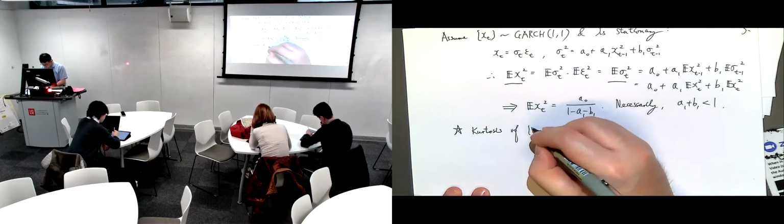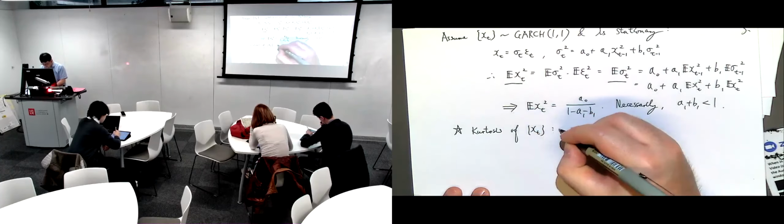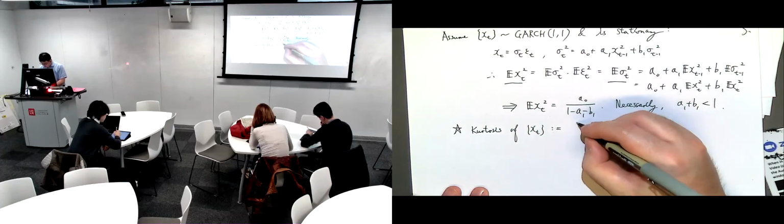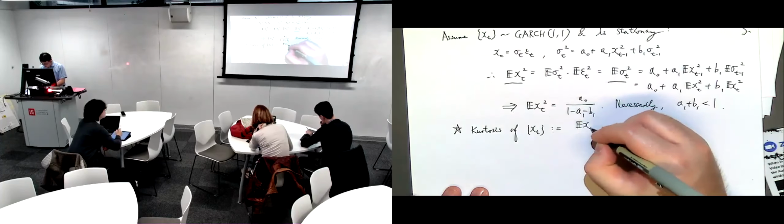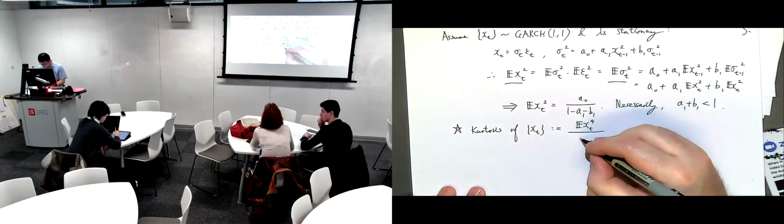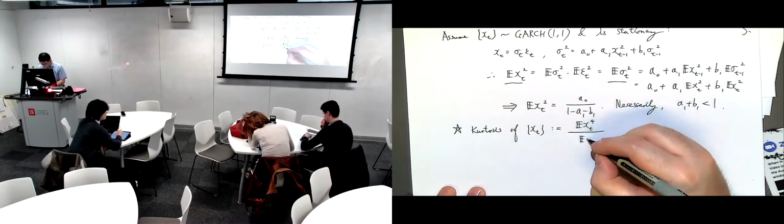And we talk about kurtosis of this process, okay? So what is kurtosis of Xt? It's defined as the fourth order centered moment, center is at 0, so it's Xt to the power 4 divided by the square of its variance.